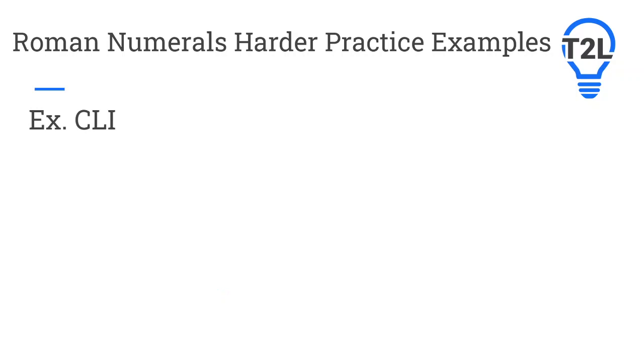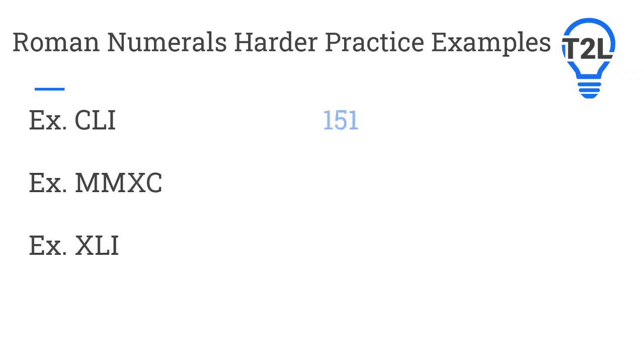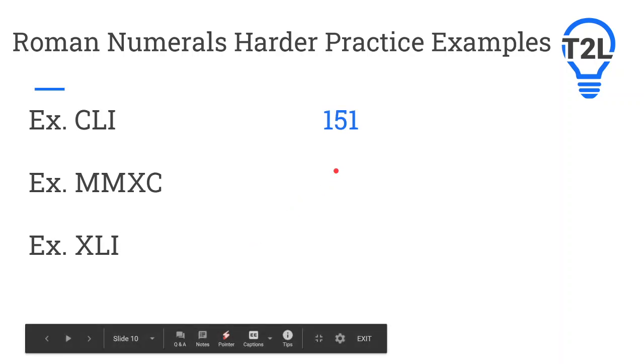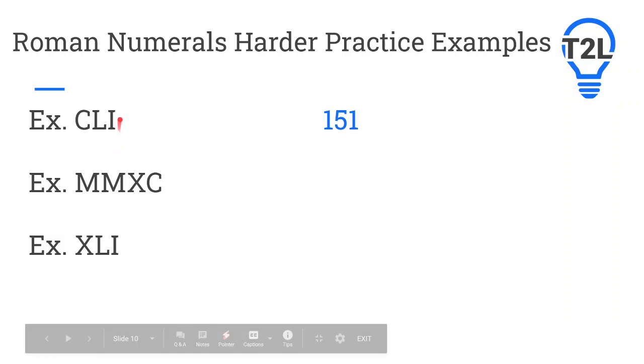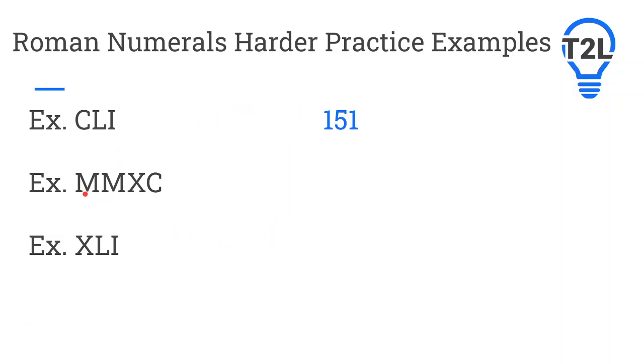So some harder examples. So CLI is 151. So C is 100, L is 50, and then I is 1. And then MMXC, so the two M's equals 1,000, and then X before a C is 90, because C is 100, but then there's a smaller one before it, meaning subtraction.